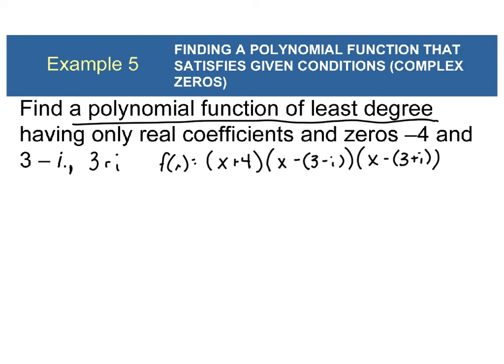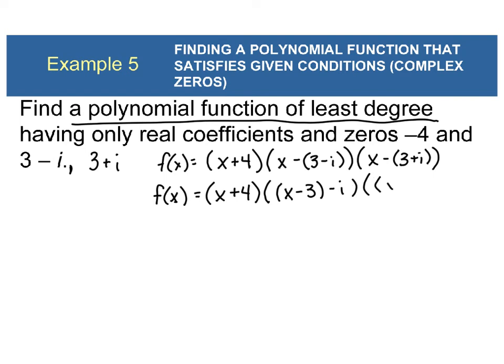But like I said, we're going to multiply this out. And what I'm going to do will work for every single complex zero that you have. Let's switch where our parentheses are. I'm going to put together x minus 3, then minus i, and x minus 3 plus i.